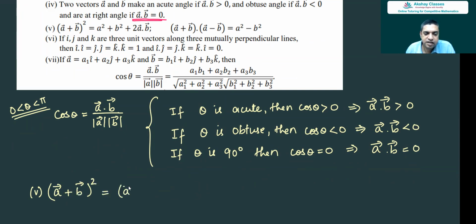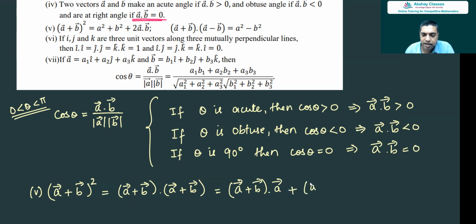This is taken as A plus B dot A plus B. Now we do the usual operation. Multiplication is distributive over addition. So we use that concept. So you get A plus B dot A plus A plus B dot B.